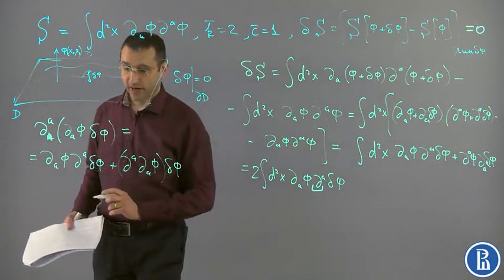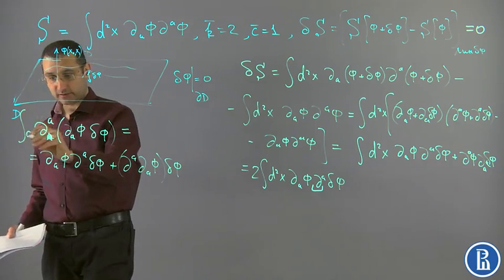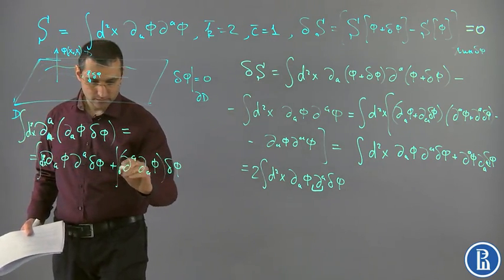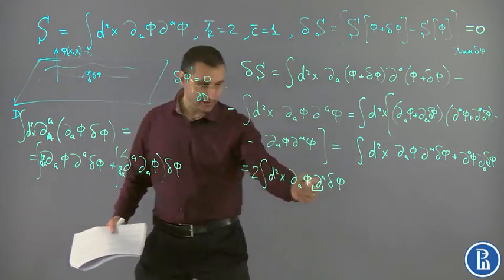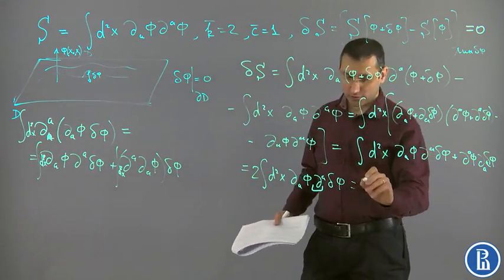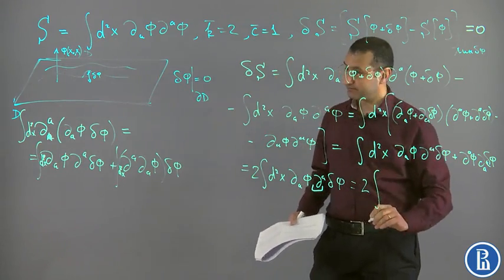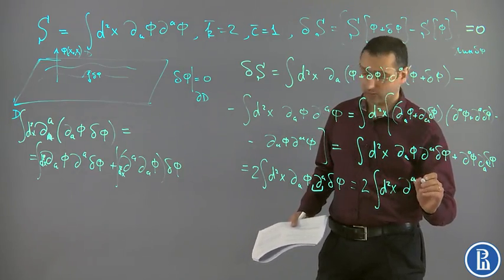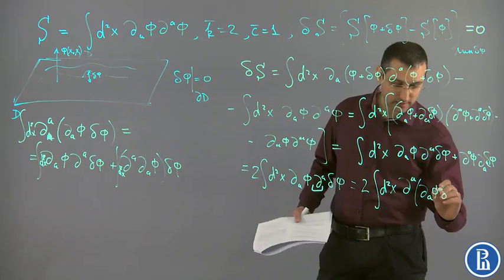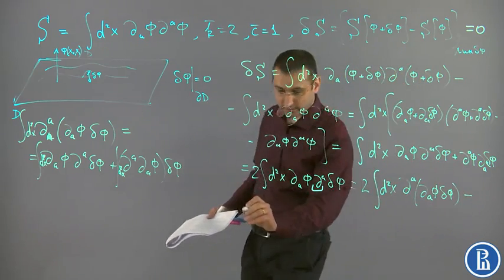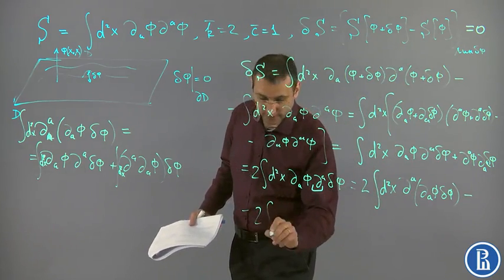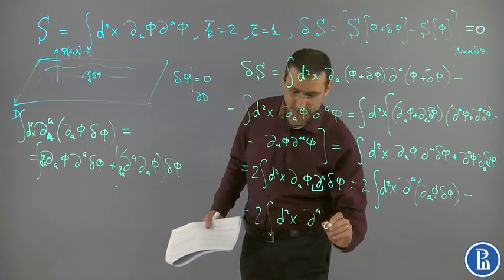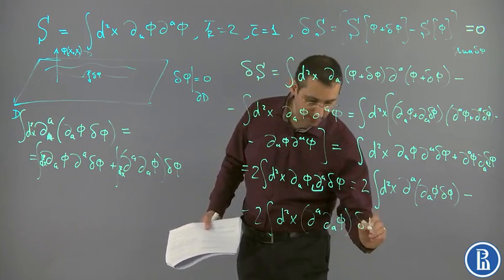And now integrating both sides of this equation, we obtain that this expression is equal to 2 times the integral of the total differential dA over dA phi times delta phi, minus 2 times the integral over d2x of dA phi acting on delta phi.